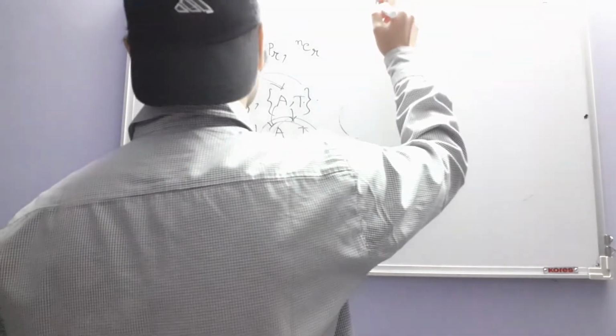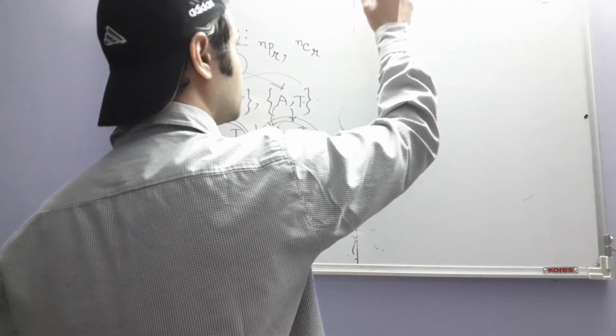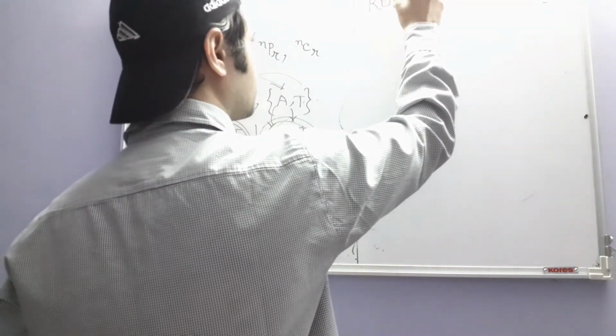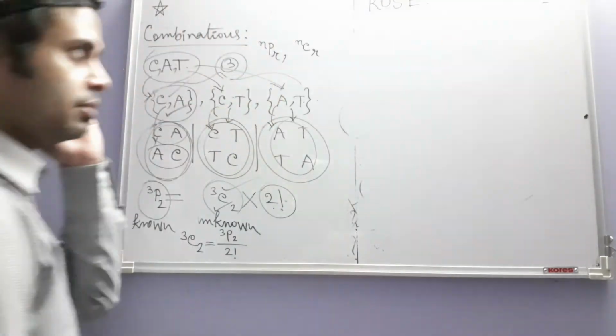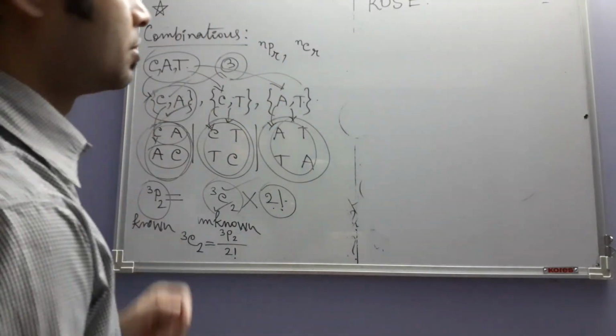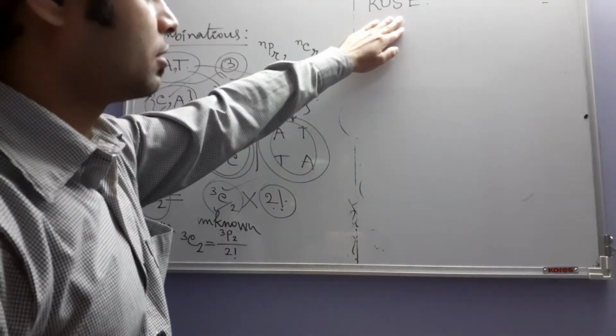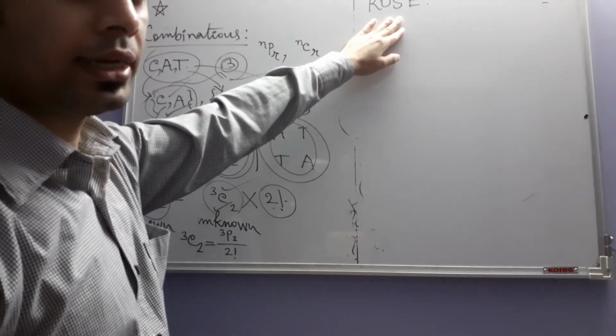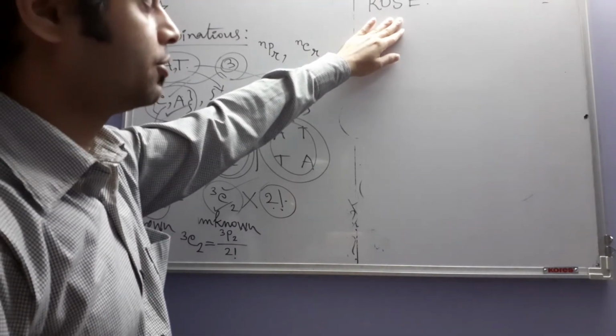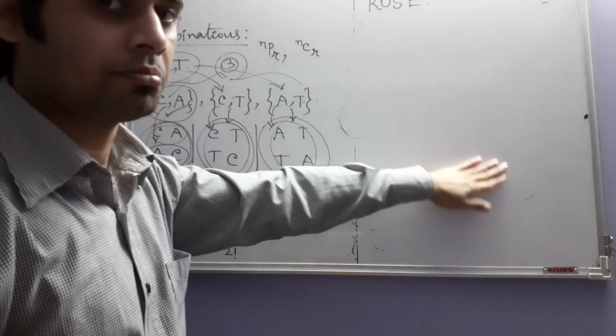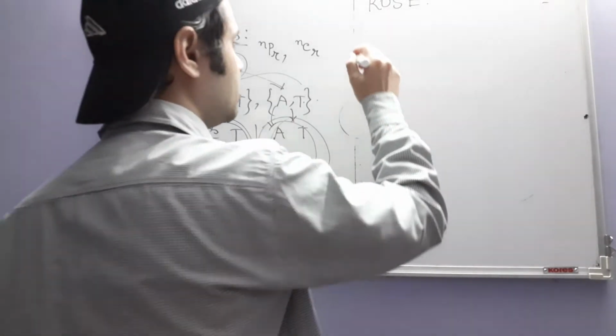Okay, now we have, naturally, the next word that we considered back then, ROSE. Now here, for the sake of understanding, I am going to again write all the permutations. Bear with me for some time.